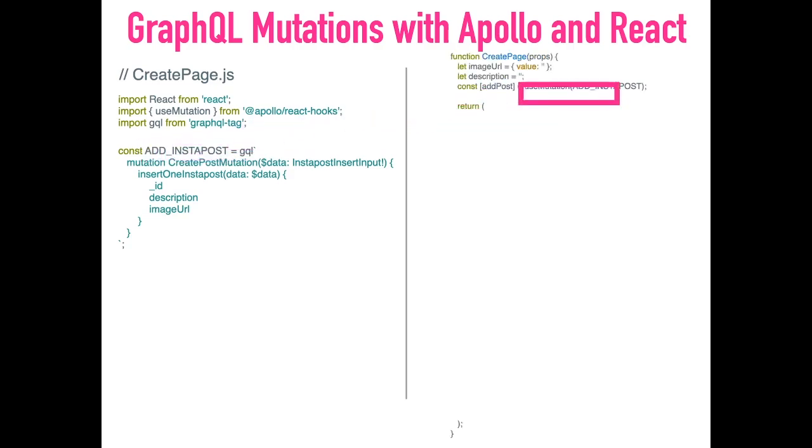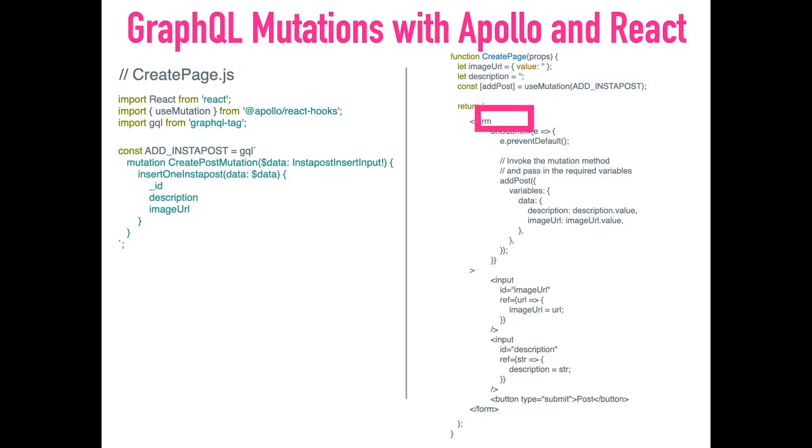So next, we have our React component, the create page. This is where we're going to be creating a brand new Insta page. And I'm passing that GraphQL tag into the useMutation React hook. You can see here that I have a form, and when the form gets submitted, I'm invoking the useMutation hook, and I'm going to pass through the data from that form.